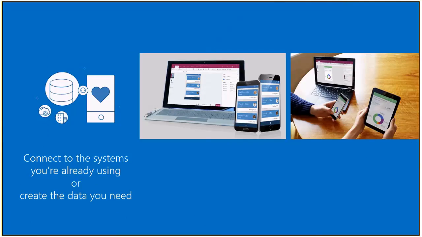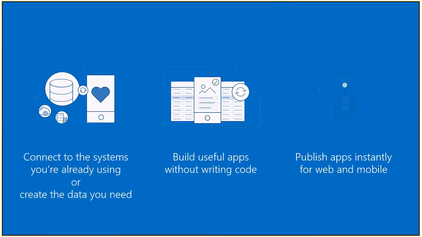The first step is that you connect to your existing system and data sources. For example, in today's demo, we're going to be connecting Power Apps to NAV. And then the second step is you build an app, or you build a form and workflow without even writing code.